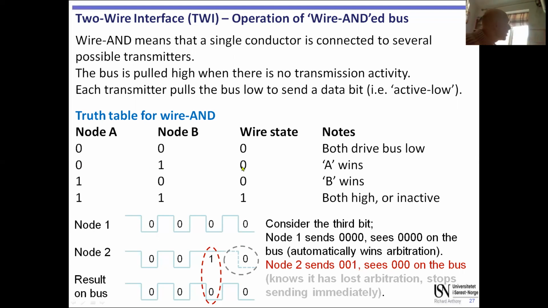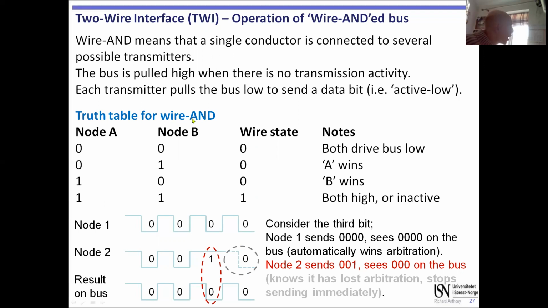So this is why we call it wired AND, because the truth table is an AND, right? So 0 and 0 is a 0. A 0 and a 1 is a 0. A 1 and a 0 is a 0. And a 1 and a 1 is a 1. This is AND. 0 and 0 equals 0. 0 and 1 equals 0. 1 and 0 equals 0. 1 and 1 equals 1.